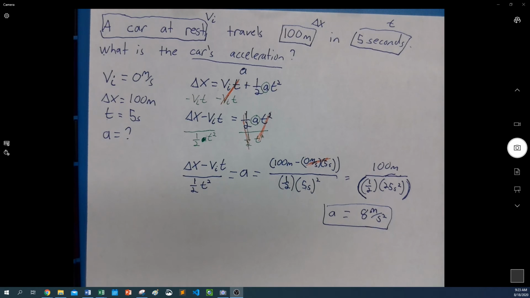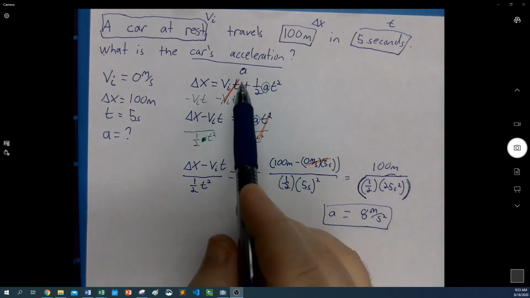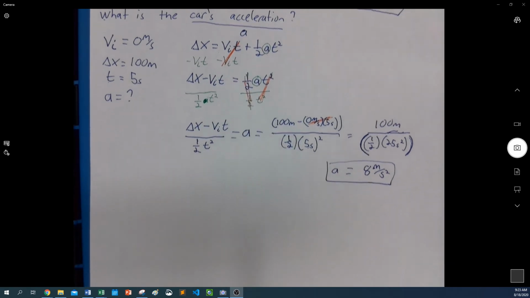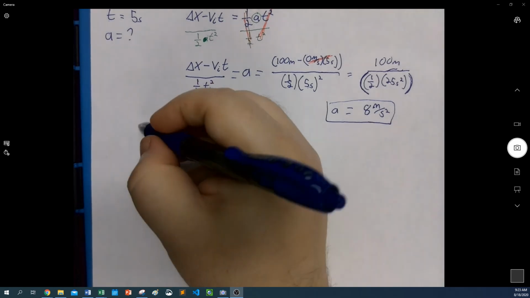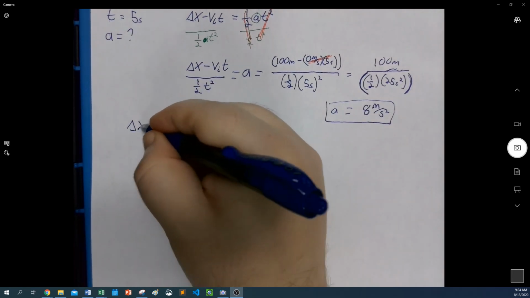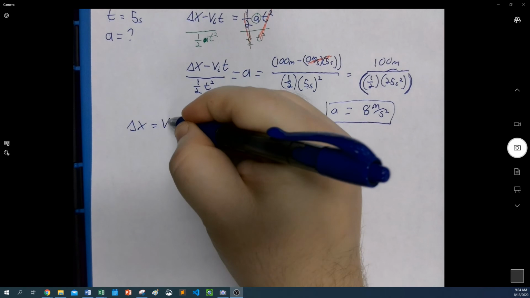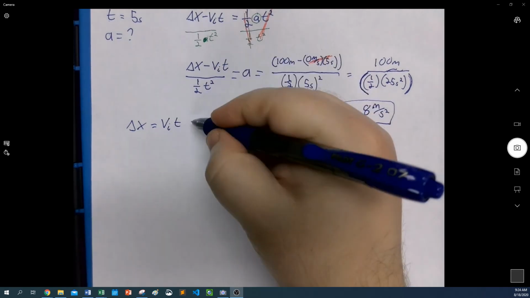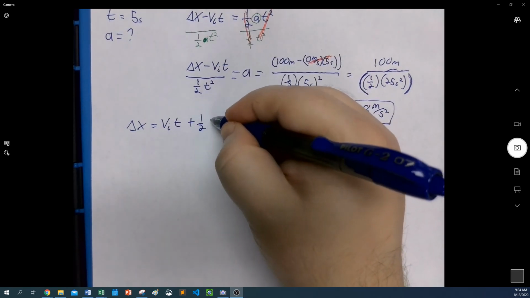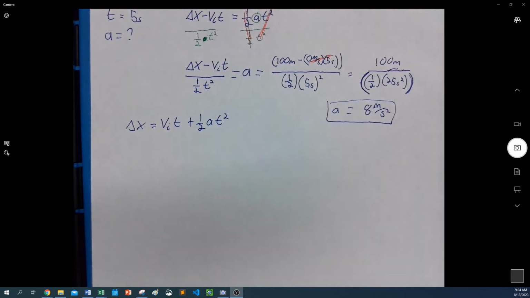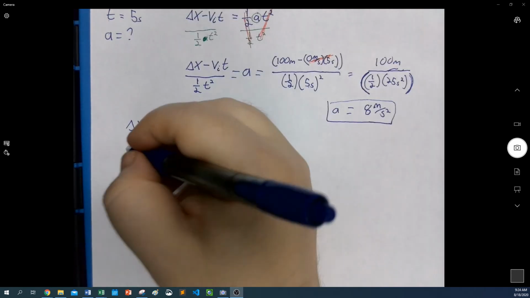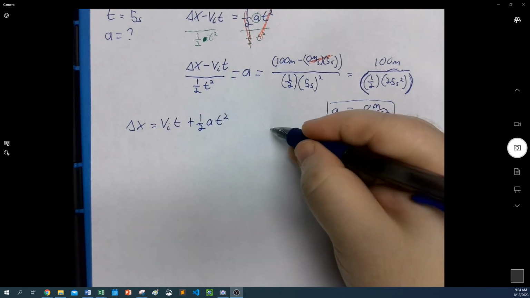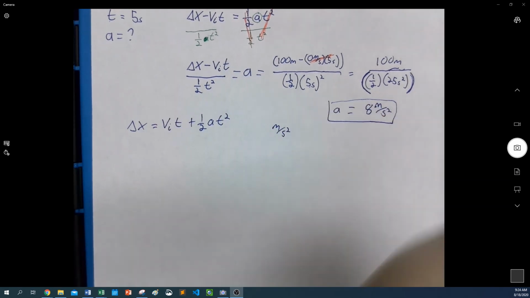Note that I prefer using pure algebra. If you wanted to, after you identified the equation, delta x equals vi times t plus 1/2 at squared, what you could have done to make things simpler is leave off units. I know that my final answer is going to be in meters per second squared.